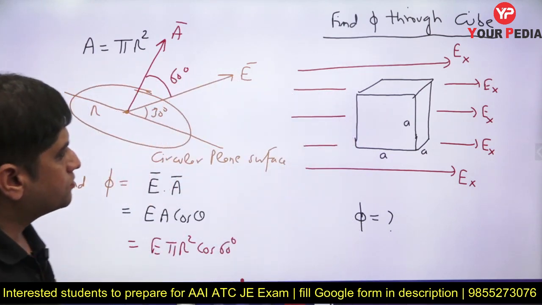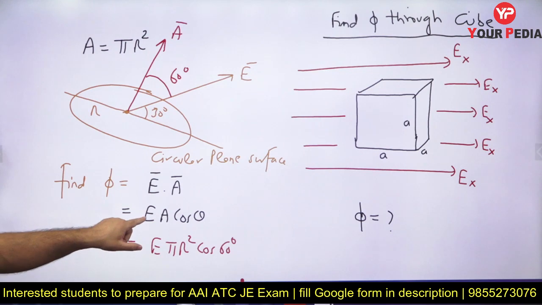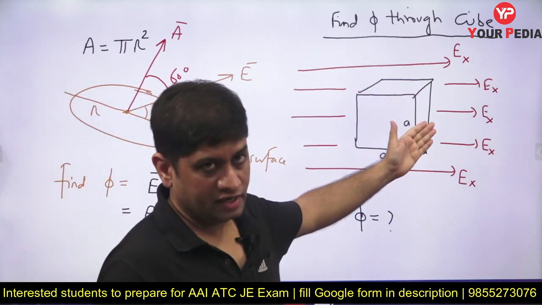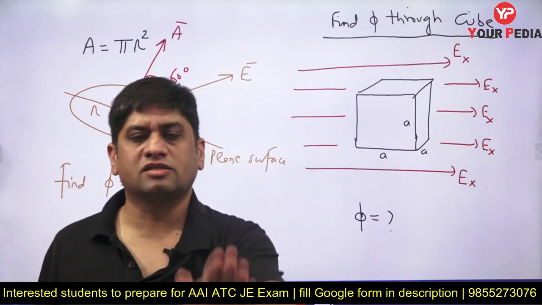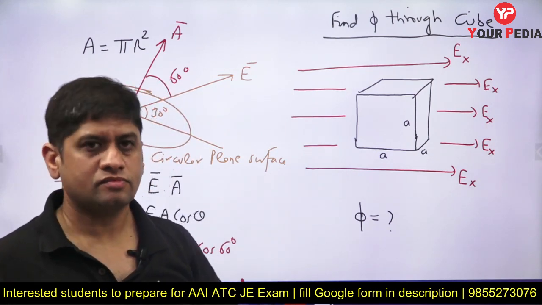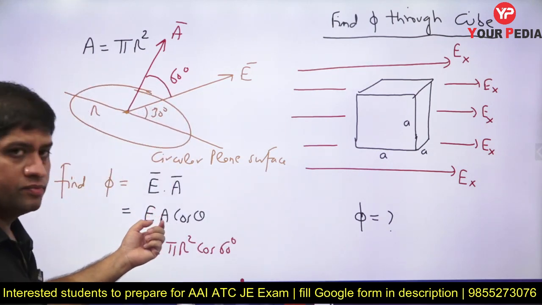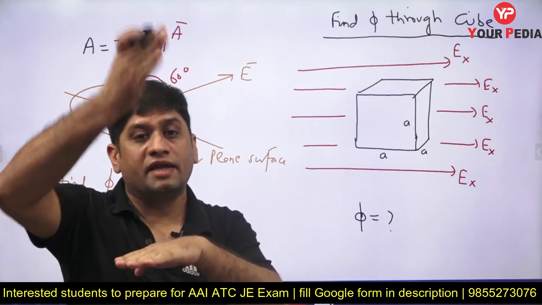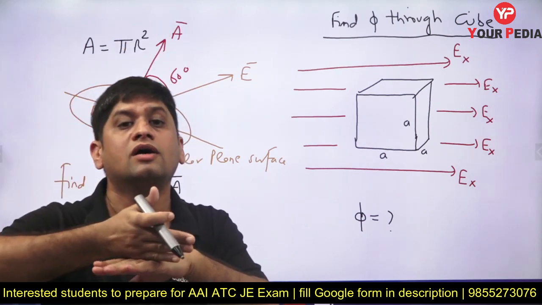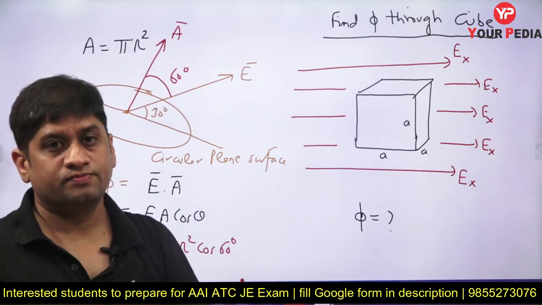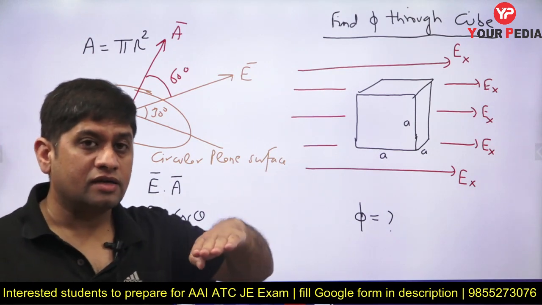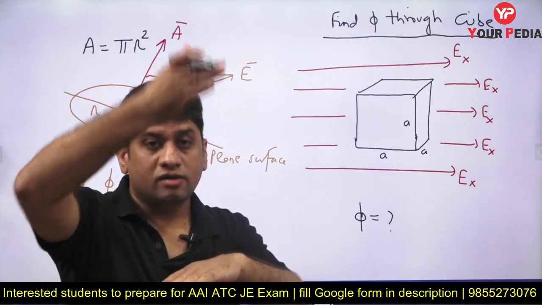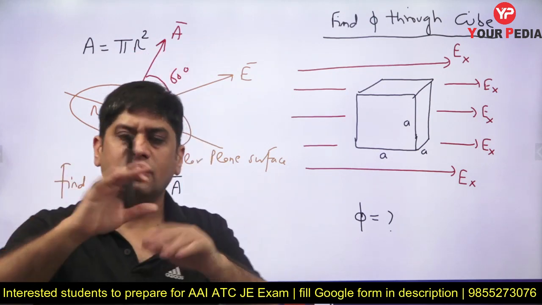Now remember one thing, if the electric field is in the same direction as the area, then the electric flux is E into A. But suppose the electric field is perpendicular to the area direction of the plane surface, then the electric flux is 0.